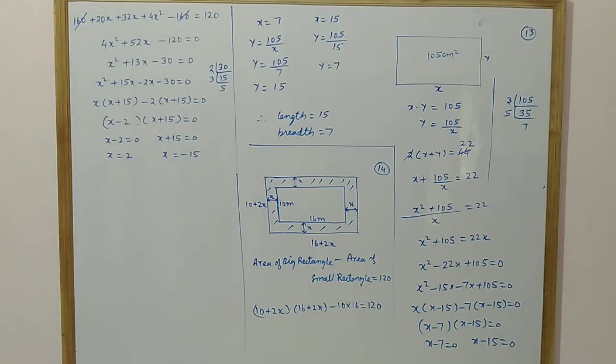The width cannot be negative, so we have to take the positive value. Okay, so up to here. Next we will do from question number 15.